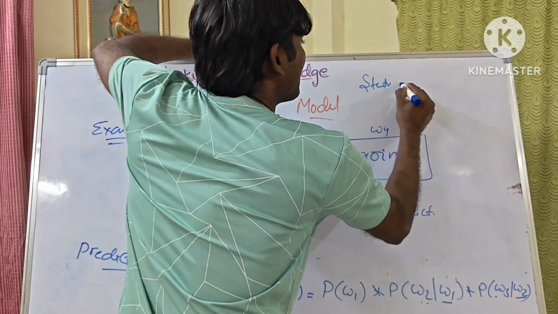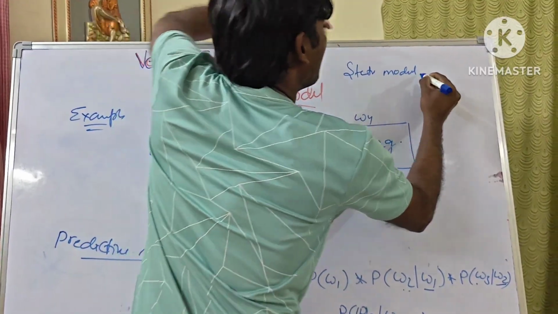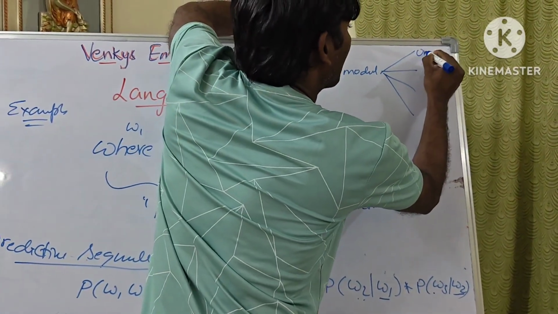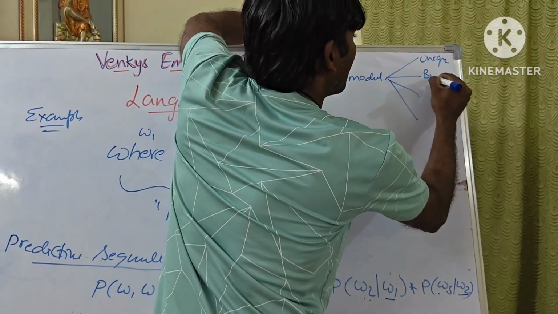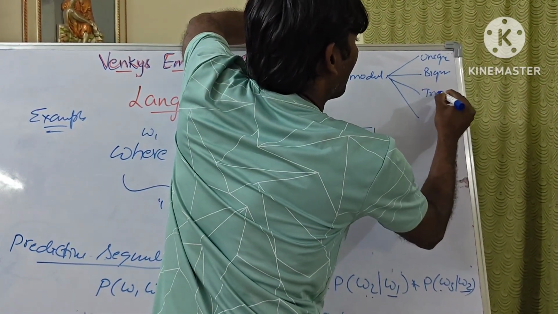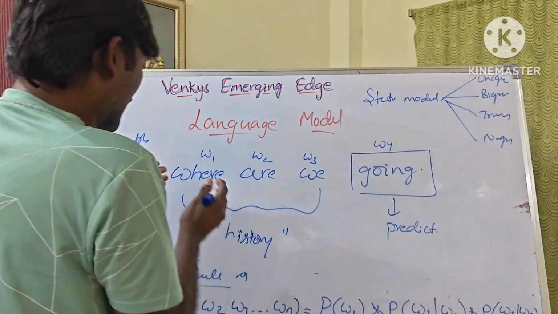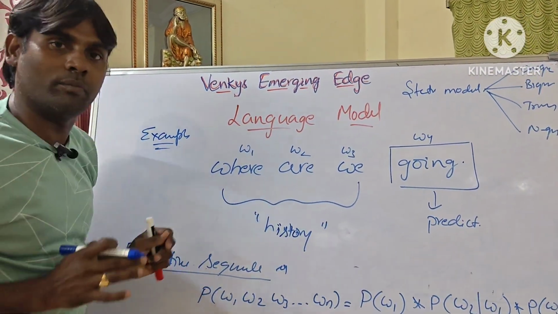Now, the statistical models are mainly four different types: unigram, bigram, trigram and n-gram. So what is a gram? An individual word is called a gram.